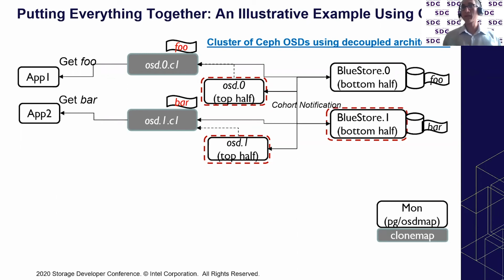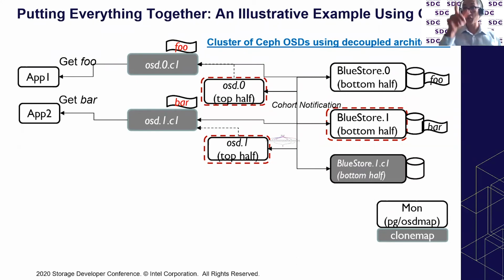And then the third part is where we are showing the BlueStore bottom half here is experiencing pressure, which is noticed by its corresponding top half, OSD.1. So it spawns off a clone, and when it does that, it has created the required metadata to track that there are now 2 clones available for it.